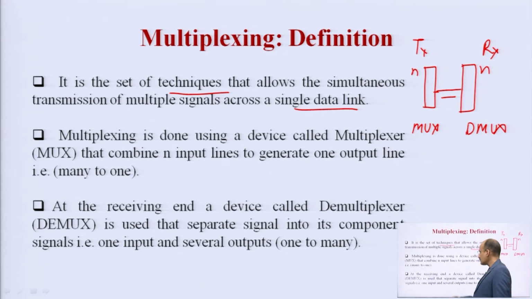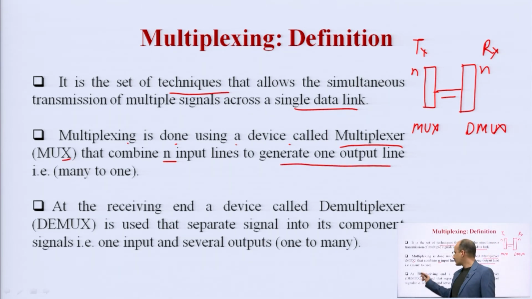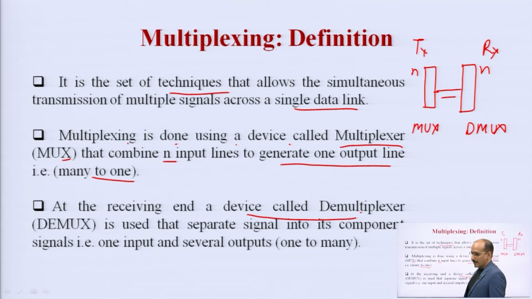Multiplexing is done using a device called a multiplexer, which combines n input lines to generate one output line, that is many to one, n to 1. Similarly, at the receiver side, a device called a demultiplexer separates the signal into its component signals, one input and several outputs. So, many to one, one to many.